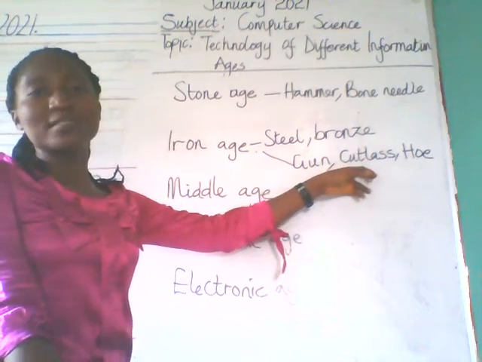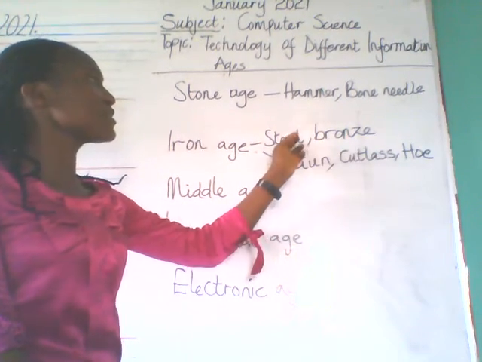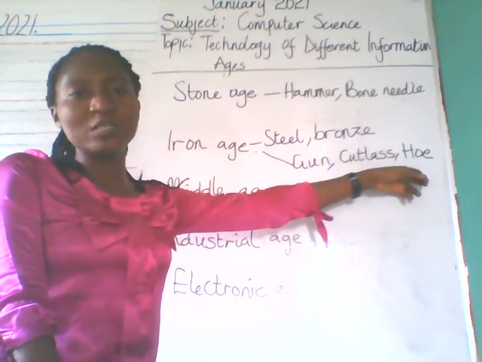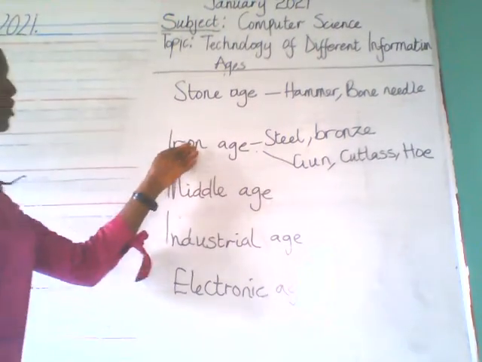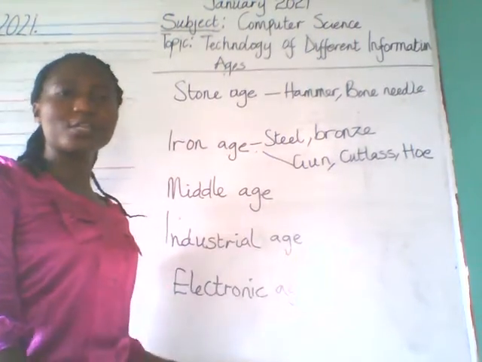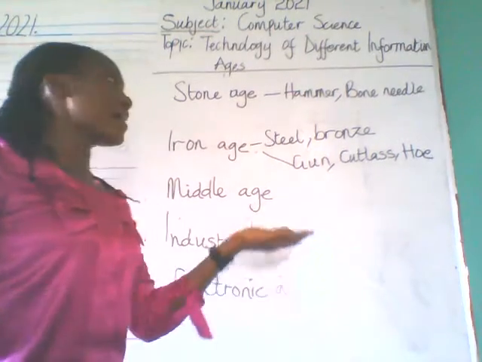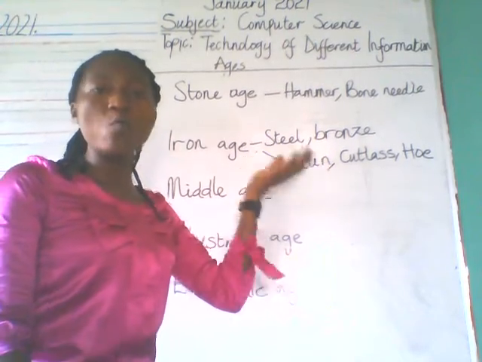Even your cutlass is made from iron. And from this iron, we have steel and bronze. And also your hoe, they use in weeding. This is what they use during the iron age to make their weapons and their tools. And you see that gun is a weapon used for war.